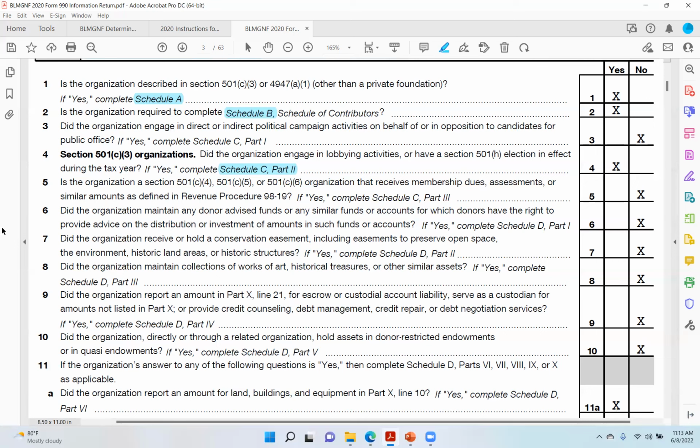Number 6: Did the organization maintain any donor advised funds or any similar funds or accounts for which donors have the right to provide advice on the distribution or investment of amounts in such funds or accounts? If yes, complete Schedule D, Part 1. They said no. A donor advised fund is, for example, if I gave the Black Lives Matter Global Network Foundation $200,000, as the donor I would have the right to advise them on how to use it.